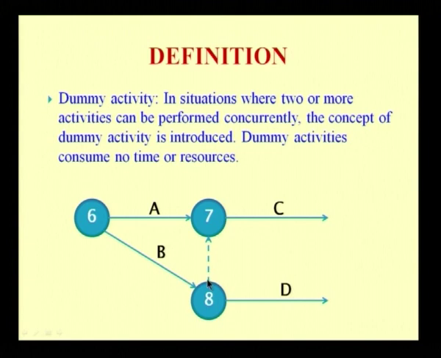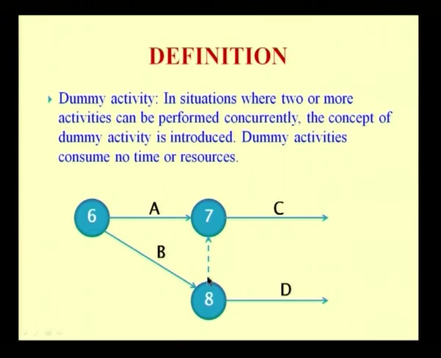Here I introduce one more dotted line, which is also to be considered as an activity. This activity is called a dummy activity; a dotted line and an arrow mark will indicate a dummy activity.